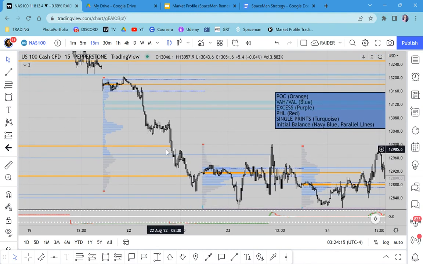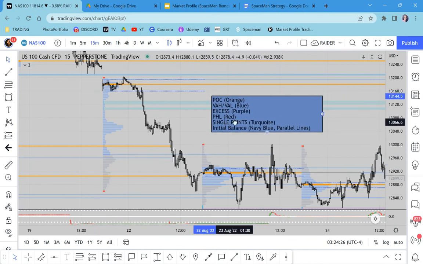That's all you need to do. Just study where the previous levels are: previous POCs, value areas, single prints, poor high, poor low. Then at some point, whatever your strategy is, it's going to combine exceptionally well with this indicator.